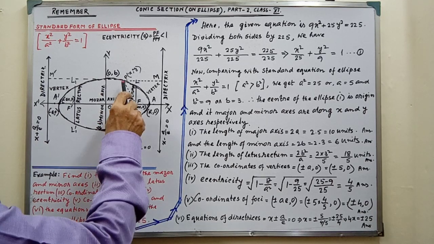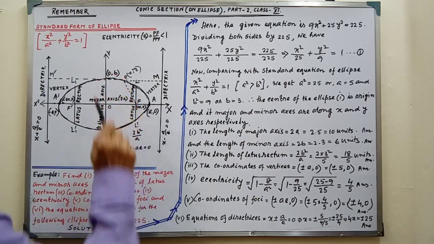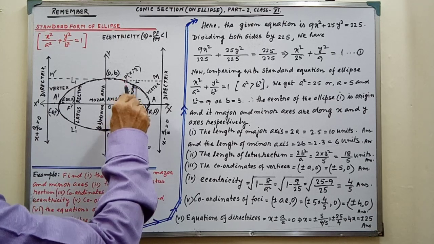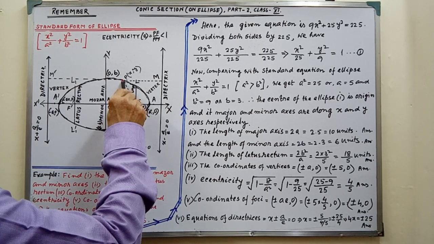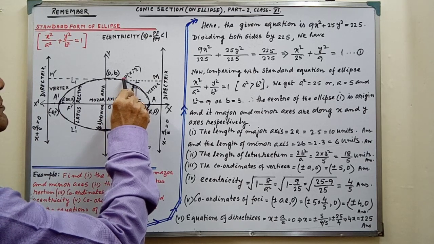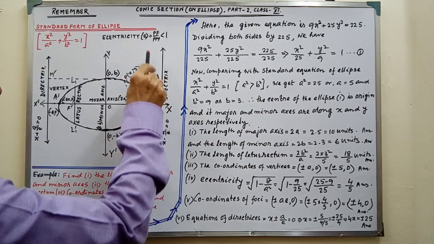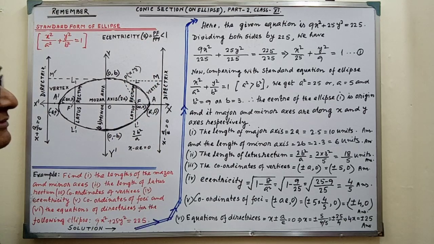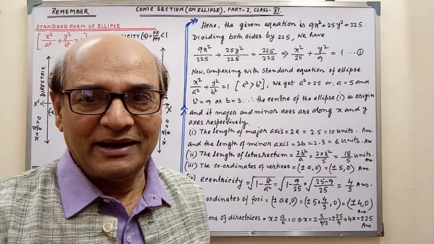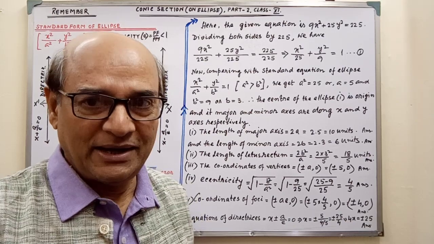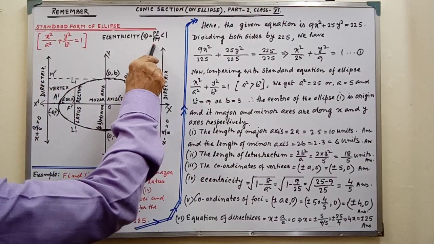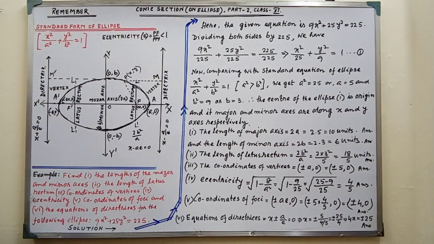If we consider any point P on the ellipse, the distance between the focus and this point and the distance between this point and the directrix, that ratio PF by PM, will always be less than 1 in case of ellipse, and in case of parabola that is equal to 1. And this ratio is known as eccentricity. That also you have to remember.